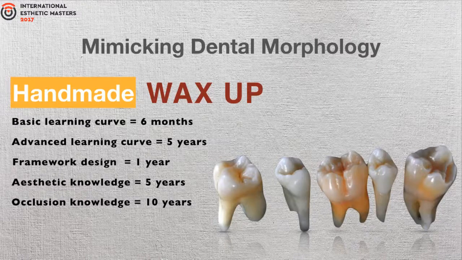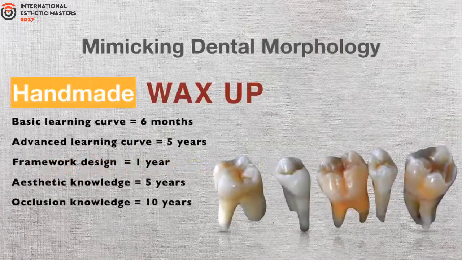Regarding the wax-up procedure, there is at least a 6 month basic learning curve period, while gaining aesthetic skill requires approximately 6 years. Actually, this happens simultaneously, but I really believe they obtain satisfactory knowledge at 10 years.